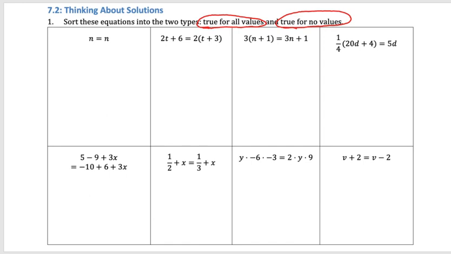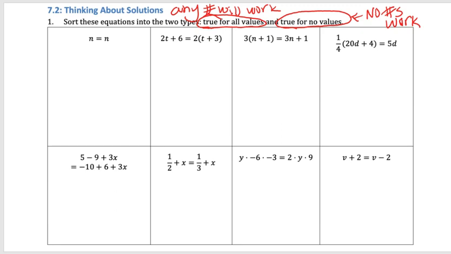True for all values means any number will work. True for no values means no numbers work, so there are no numbers that will make the equation true.